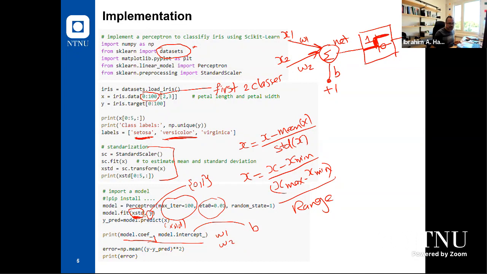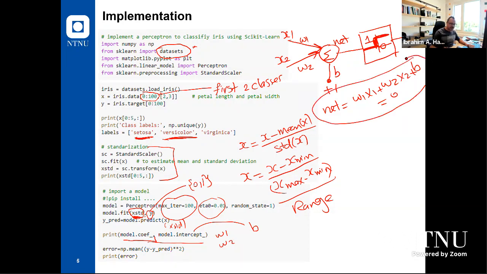The decision line here will be simple. It will be net equal to omega 1 x1 plus omega 2 x2 plus b equals 0, right? So this is my decision line. If we want to plot the decision line, I mean in the next graph for example, just remember this is the equation of our decision line.